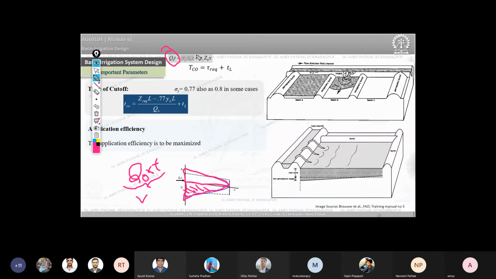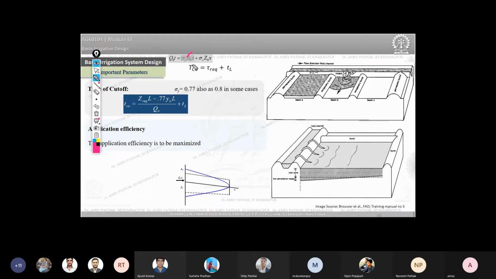So Q naught T, this volume, is equal to A naught times X, and this sigma Y. This sigma Y is actually defining the shape. It is not rectangular. If it had been rectangular, in that case sigma Y would have been 1, but we know it's not rectangular.